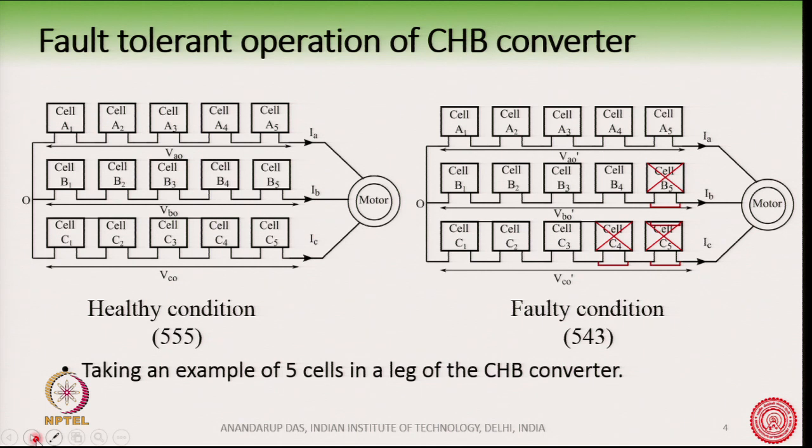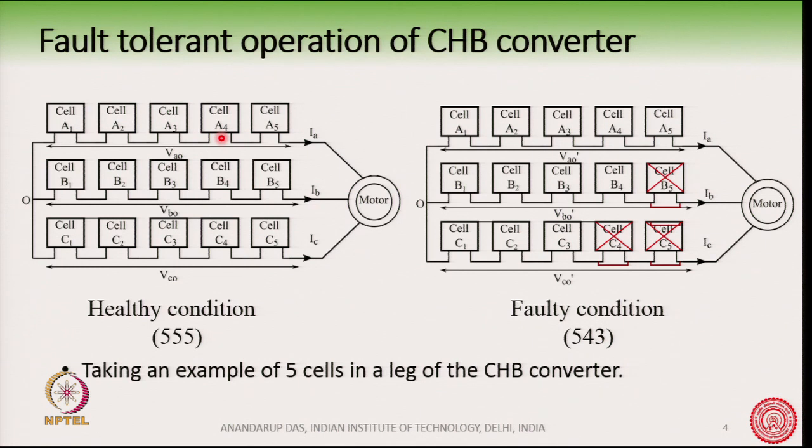On the left hand side, we have shown a cascaded H-bridge converter with 5 cells in each leg, or in each phase. You can see here cells A1 to A5, 5 cells.